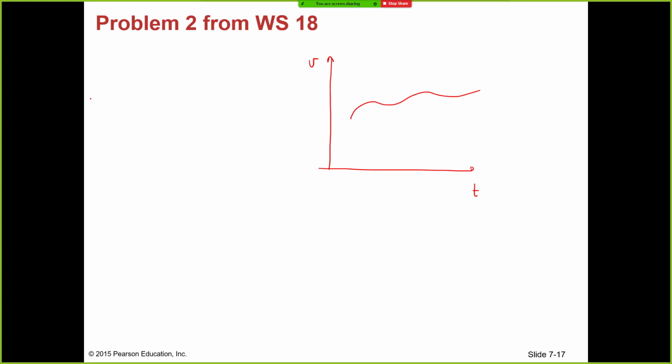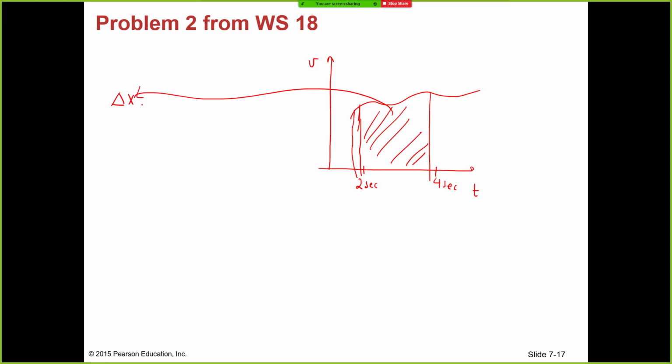If you want to find the displacement, how much displacement the object will make from, let's say, 2 seconds to 4 seconds, do you remember how you find the displacement from this VT graph? Yeah, area under the curve. That's right. From 2 seconds to 4 seconds, you see what's the area under the curve.